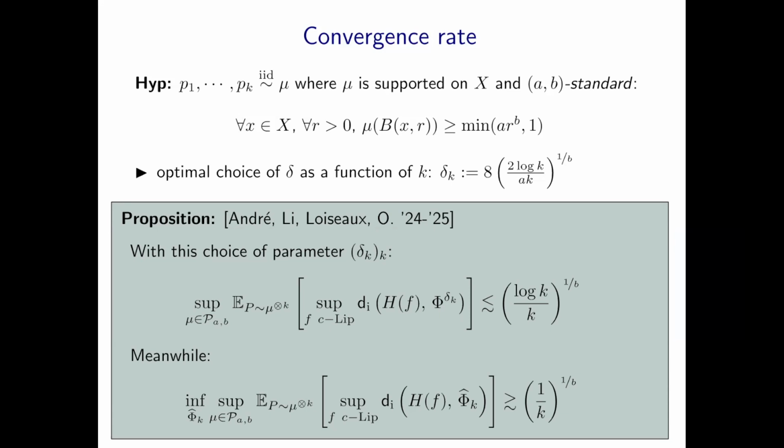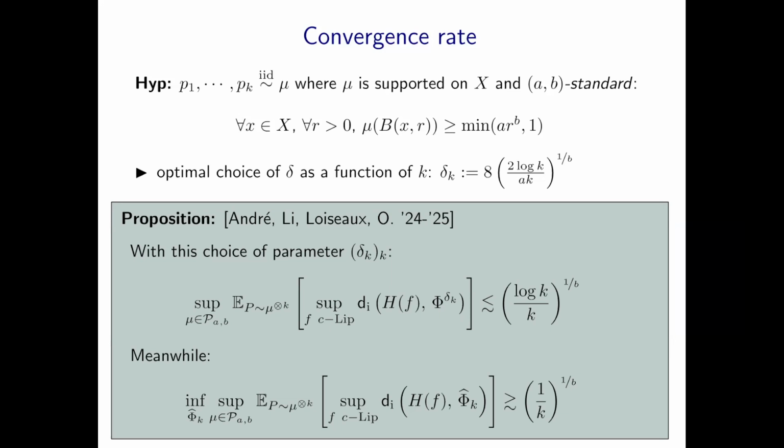It's basically the same thing. The only difference here is that we have this choice of parameter delta to make at some point. We need to use an optimal choice of delta, and luckily for us, there is such an optimal choice. If you assume you know a and b, well, that's a strong assumption, because that means you know the growth rate of the balls, so you know in which class of complexity your underlying domain is.